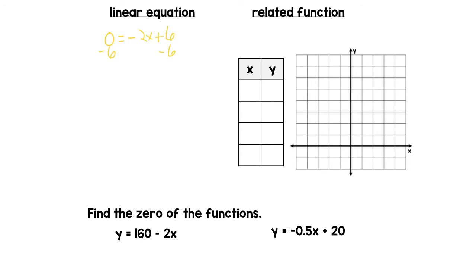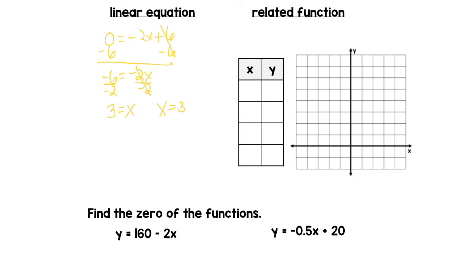We're going to subtract that from each side. We have 0 minus 6 is negative 6, and that equals negative 2x. 6 minus 6 cancels, and we just have negative 6 equals negative 2x. So we can divide both sides by negative 2, and that's 3 equals x, or x equals 3. They're the same thing.